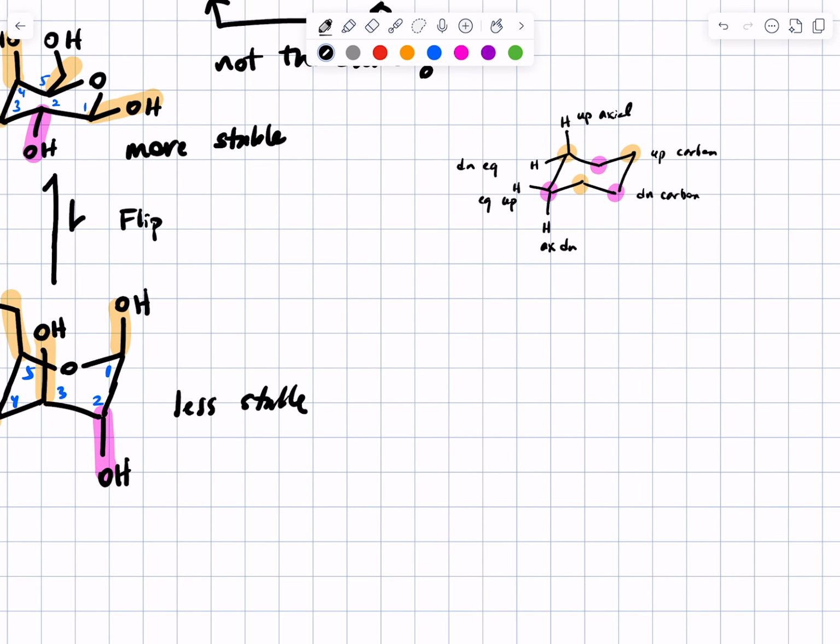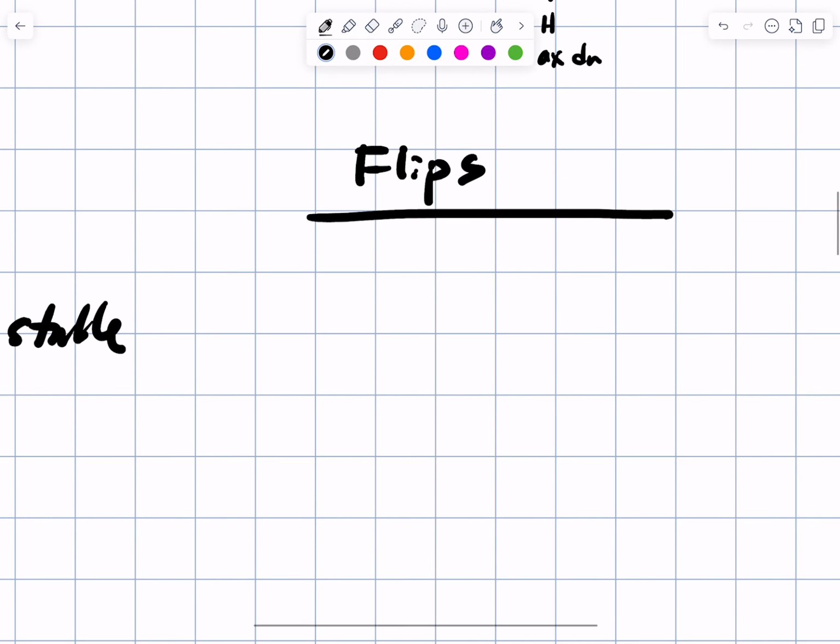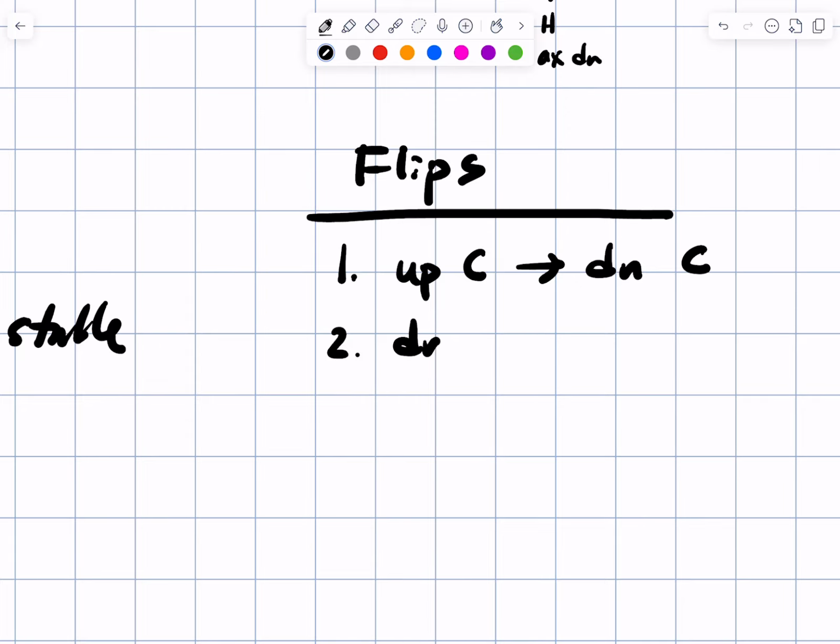This is good to practice because you don't want to misunderstand this. Some people don't understand this at a deep enough level and they get things wrong. So when a chair flips, an up carbon becomes a down carbon, and a down carbon becomes an up carbon.